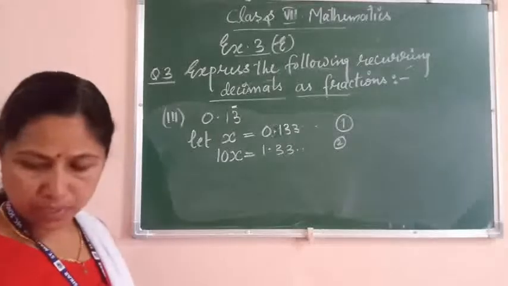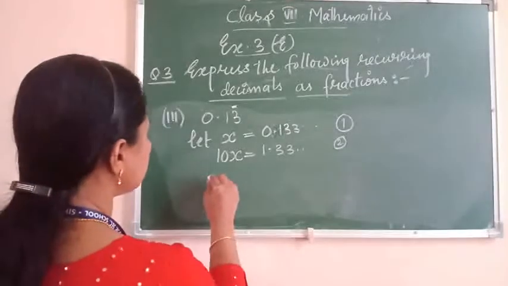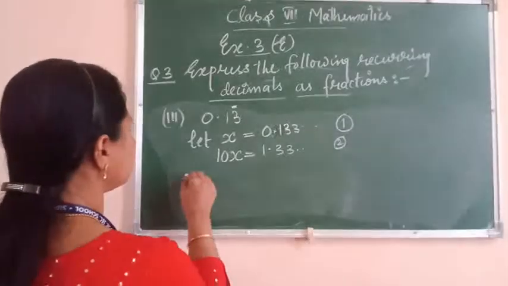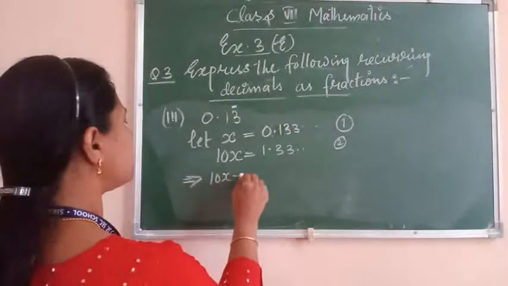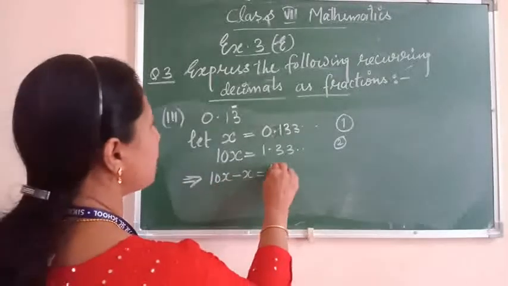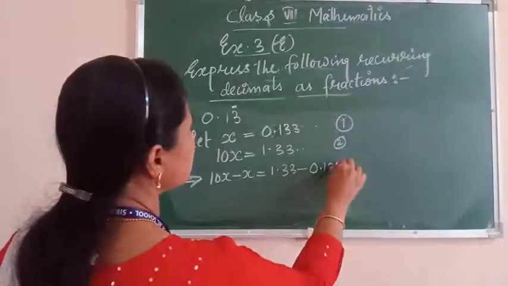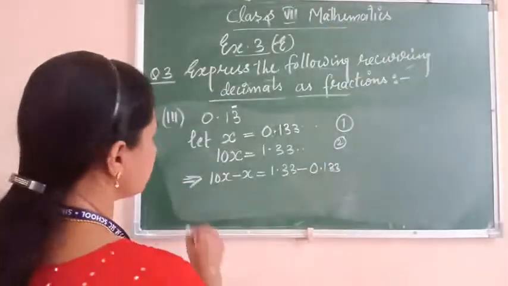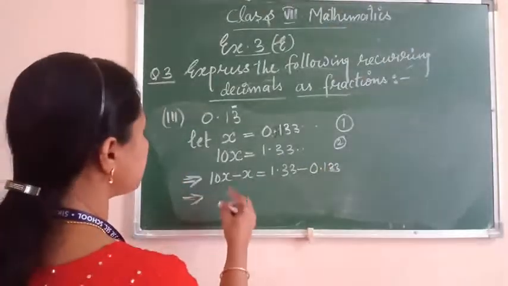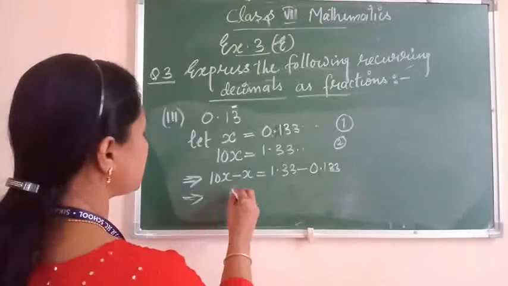Now you have to subtract. It is 10x minus x is equal to 1.33 minus 0.133. After subtracting, 10x minus x is 9x.